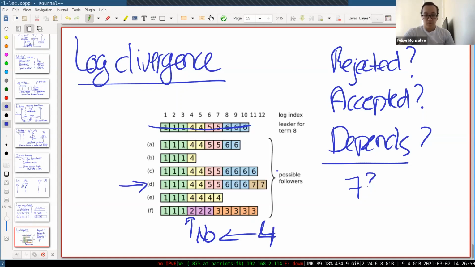If A promotes itself to candidate and then sends out a vote request, then D could come back and say, oh, well, my latest log entry was at this index for term 7. But actually it doesn't even say that, right?